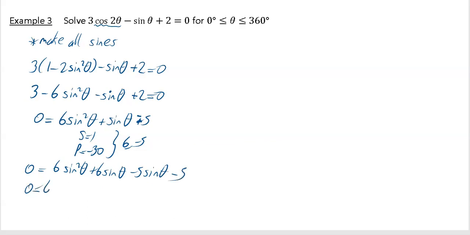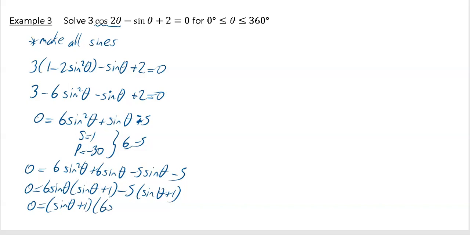For the first two terms, I can take a 6 sine theta outside a bracket, leaving me sine theta plus 1, then minus 5 upon sine theta plus 1. So 0 is equal to sine theta plus 1 times 6 sine theta minus 5, which means for the first bracket, put it equal to 0, you get sine theta is equal to minus 1. Second bracket, you're going to get sine theta is equal to 5 over 6.